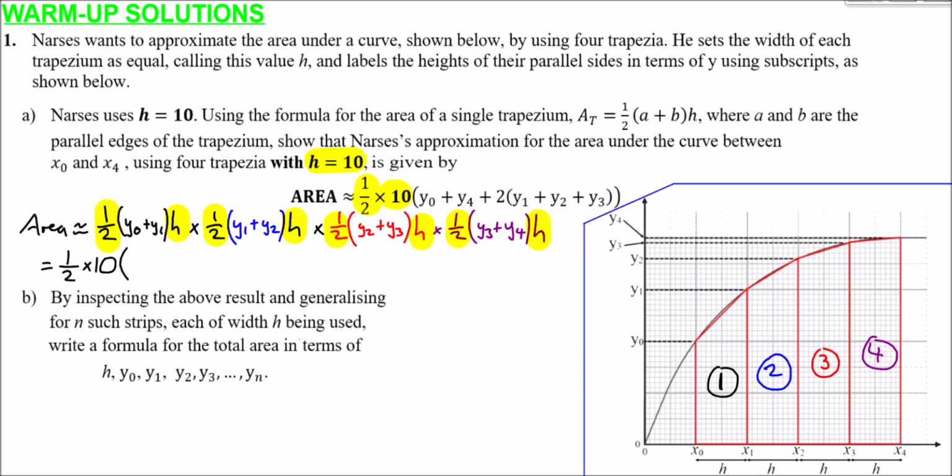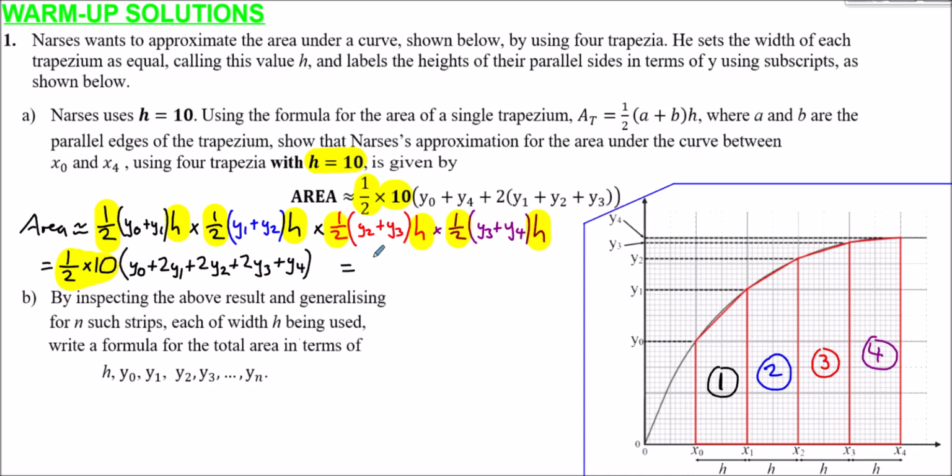Then in brackets, I'm going to get y0 here. Then I've got y1 plus another y1, so I've got 2 lots of y1. y2 plus another y2, I've got 2 lots of y2. Then I've got y3 plus y3, which is 2 lots of y3 again. So all these ones are doubling up, apart from the first one, y0, and there's only 1 lot of y4.